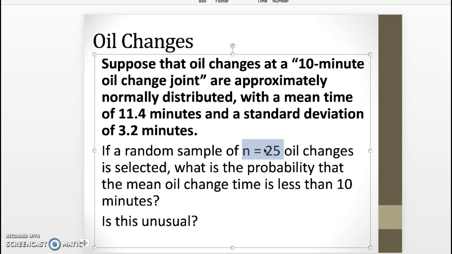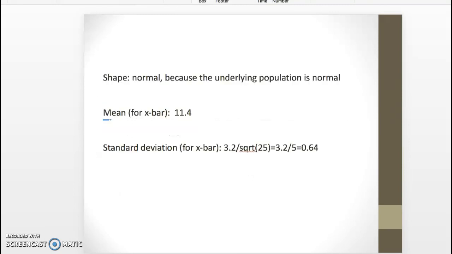A lot of times they will ask you to do this in sequence, kind of like we're doing, where you're computing shape, mean, and standard deviation, and then use those numbers to answer probability questions. But then sometimes in later parts, they might change this to a size of 35 or 45. And if you have a different sample size, your standard deviation is going to change.